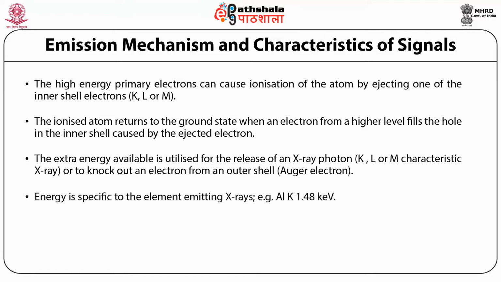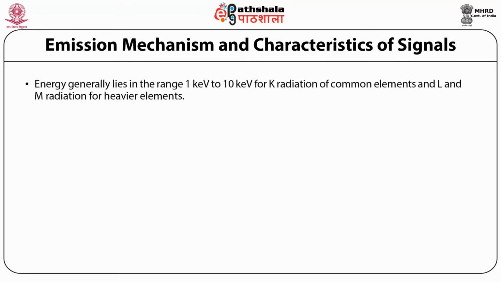Energy is specific to the element emitting X-rays. For example, aluminium K is 1.48 keV. Energy generally lies in the range 1 keV to 10 keV for K radiation of common elements and L and M radiation for heavier elements.